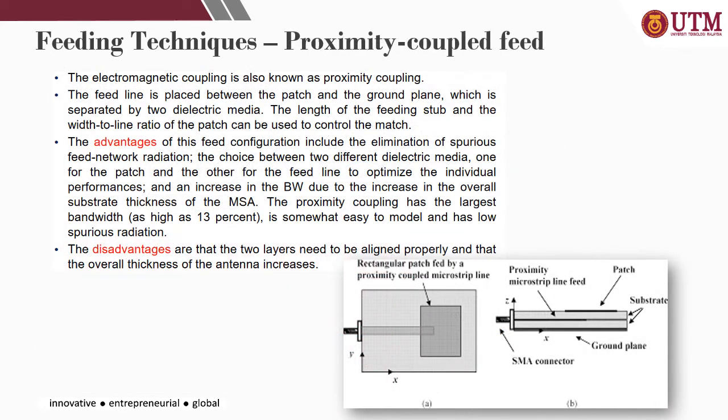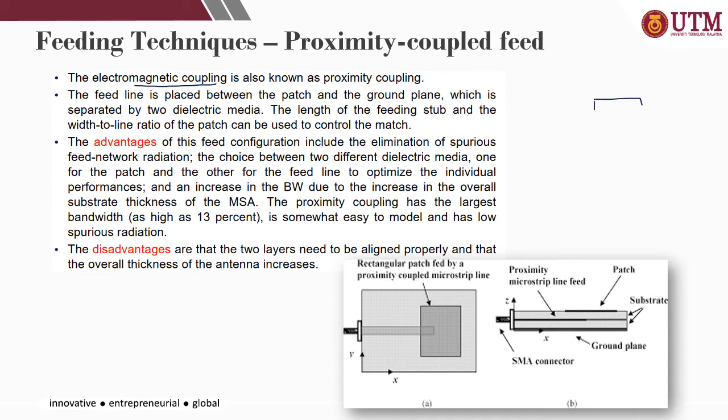Okay, the next one is the proximity coupled feed technique, also known as electromagnetic coupling. In this technique the feed line is placed between the patch and the ground plane, separated by two substrates.